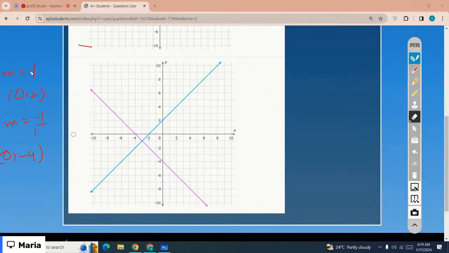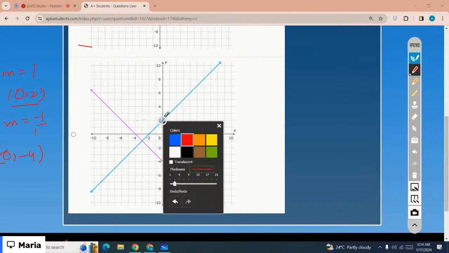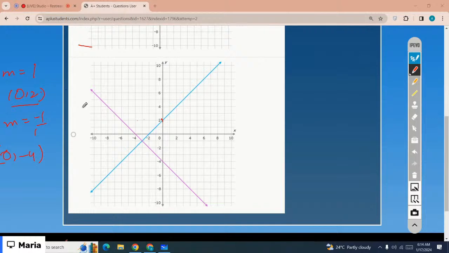For the first one, m equals 1 and the y-intercept is 0, 2, right? Here is the y-intercept 0, 2 and the slope is 1. You have to move up 1 and right 1, right? So this is the line for equation 1, right?